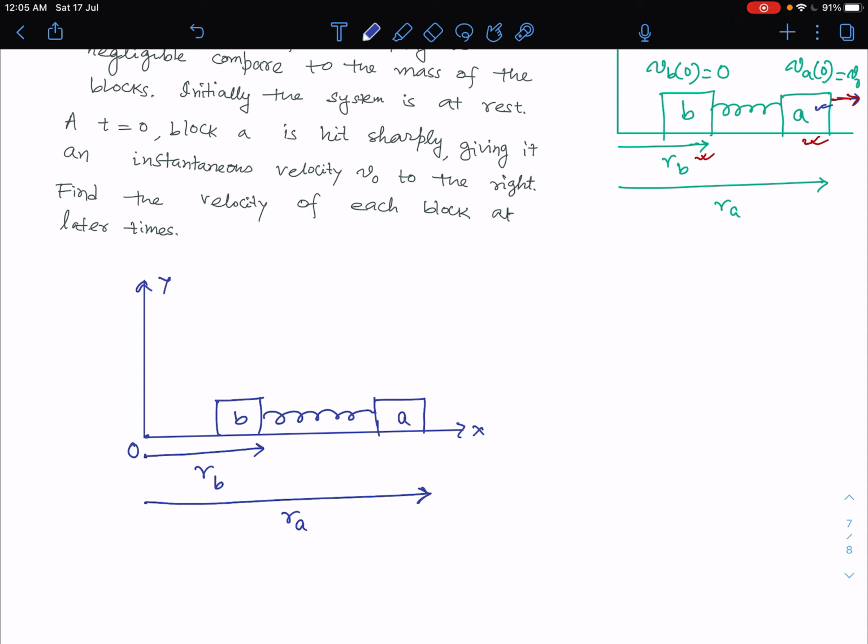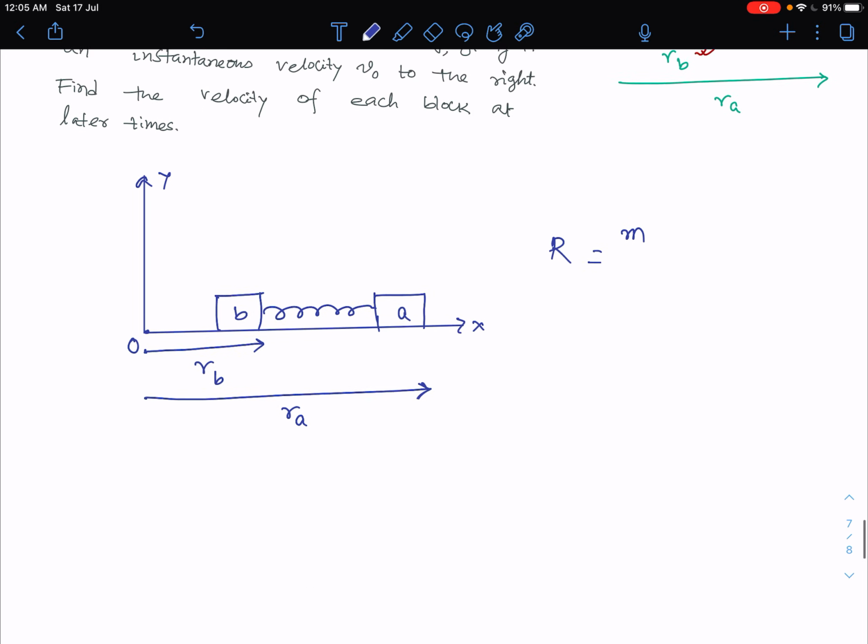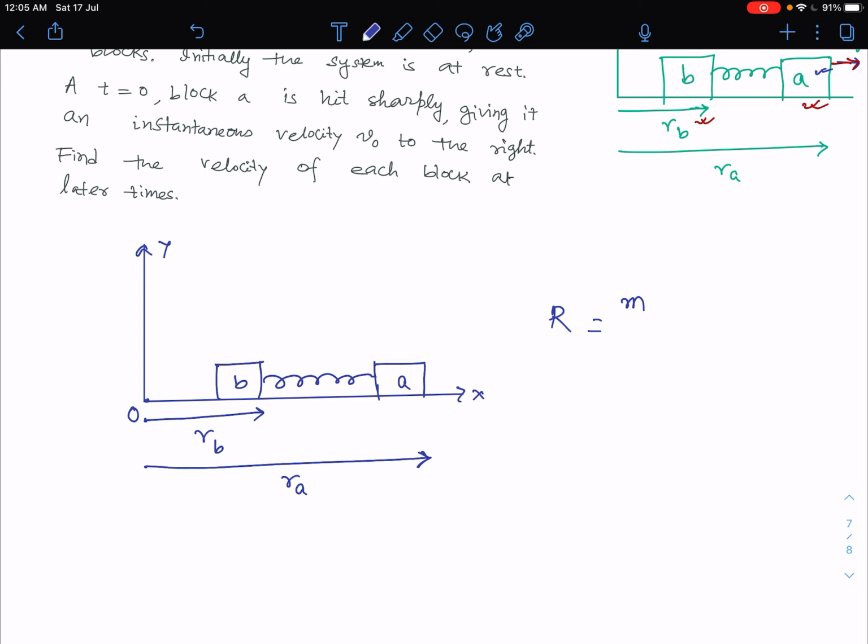Now what is the center of mass coordinate of this two-body system? The center of mass coordinate is defined as R. Since both the blocks are of identical mass m, capital R equals m RA plus m RB by m plus m.